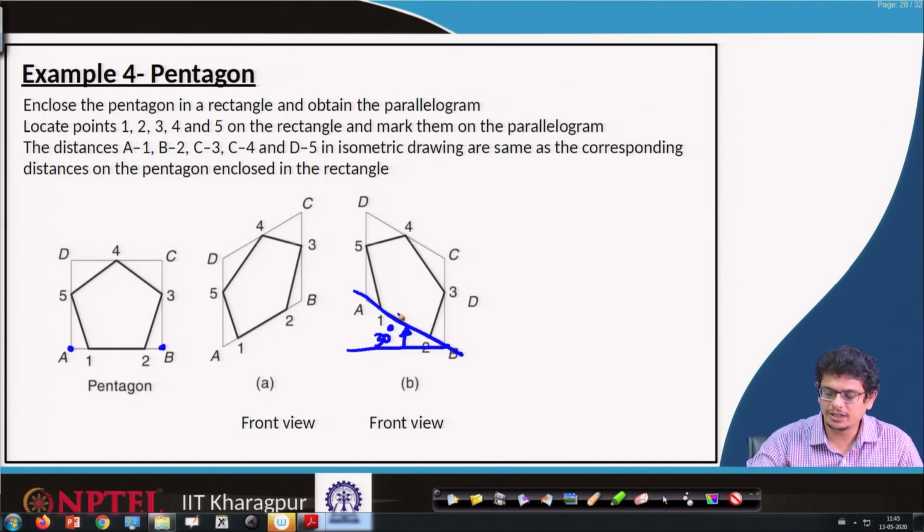Once we are done with that, we can locate the first point, second, third, fourth, fifth points by transferring appropriate lengths. In that way. For the top view, the rectangle has to make 30 degrees equal angles on both sides.